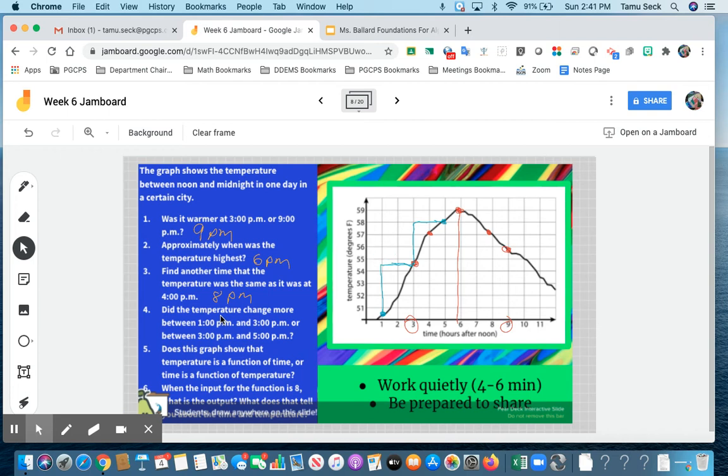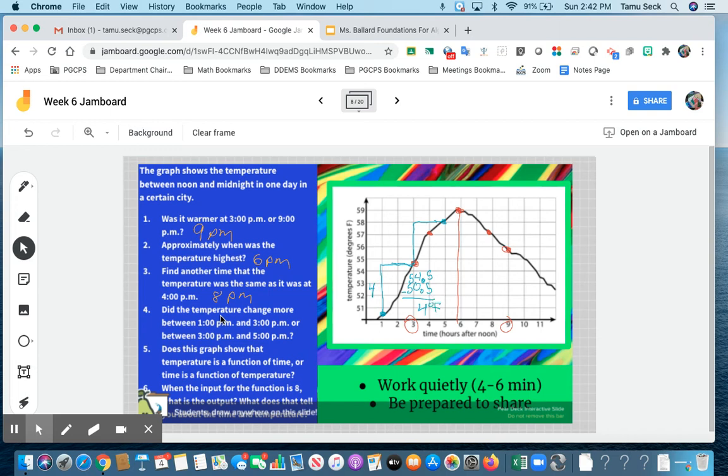It went from a little more than 50, 50.5, to 54.5. So that's about 4. It increased by about 4 degrees Fahrenheit.